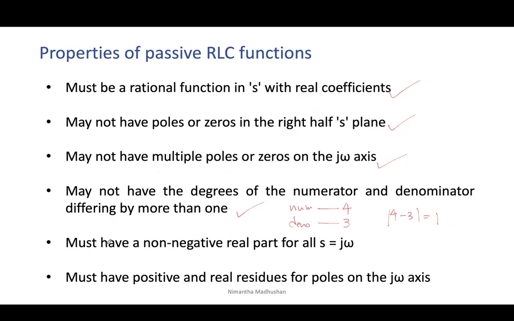And the fifth one is that it must have a non-negative real part for all s equal to j omega. For that, we have to calculate ZLC. If s is equal to j omega, we can write 12 (j omega) to the power 4 plus 9 (j omega) squared plus 1 over 6 (j omega) cubed plus 2 j omega.